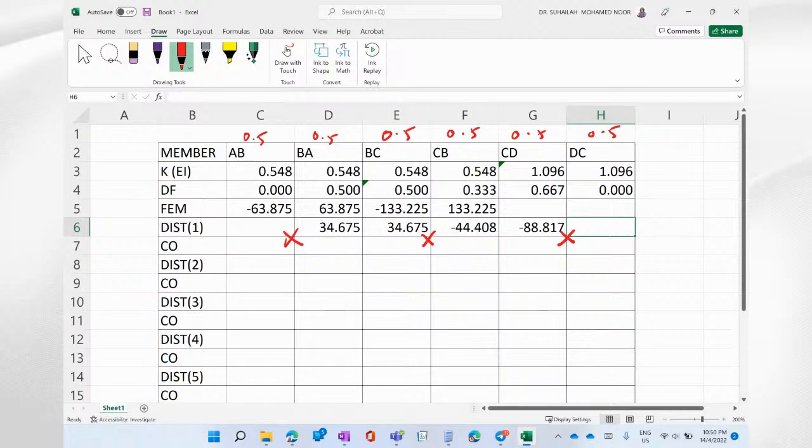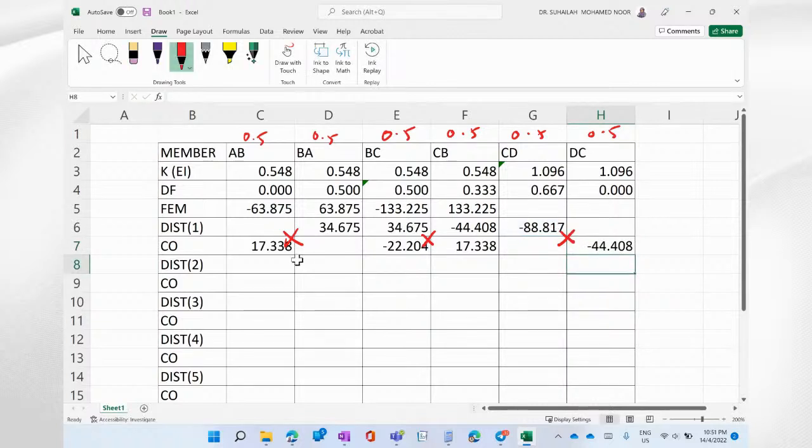Internal assume fixed, D and A fixed. So that is why we get this divided by 2. This one divided by 2, this one divided by 2, and the last one divided by 2.